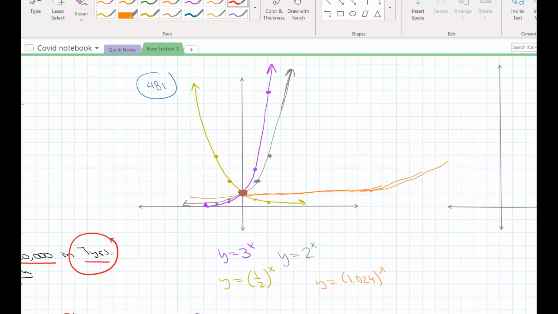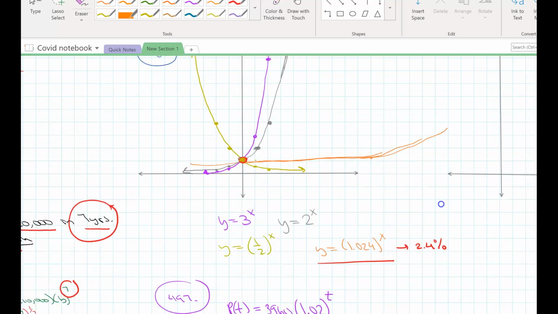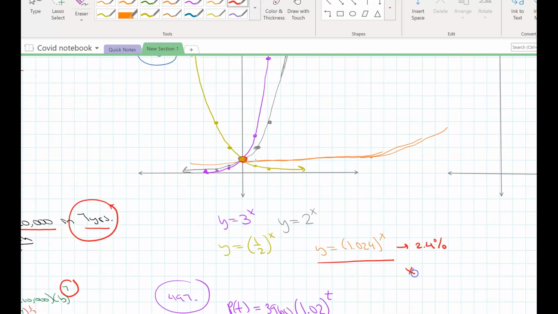Now, all 4 curves pass through this point right here, 0, 1. That's nice. And I know that this is an exponential growth function, but look at the rate of growth. Here the rate of growth is just 2.4%. And when I plugged in my calculator, when x equals 10, I got something like y equals 1.25, I think. So you'll see that point right here, okay?